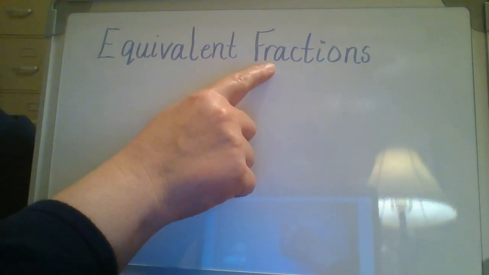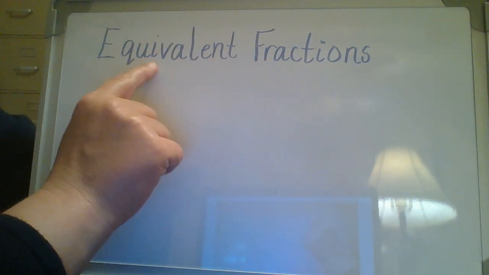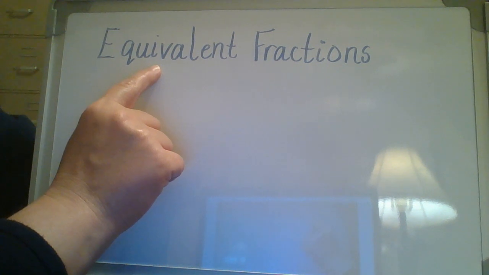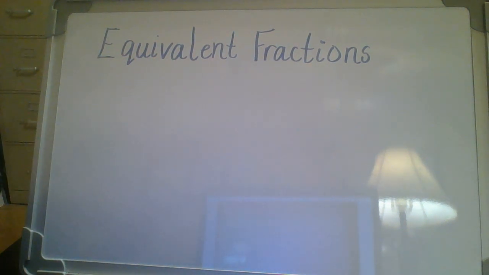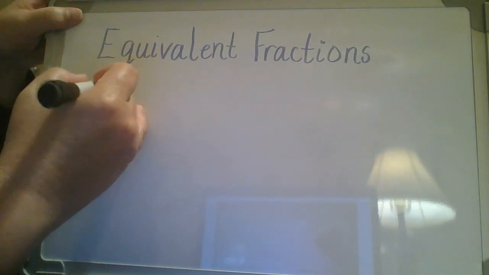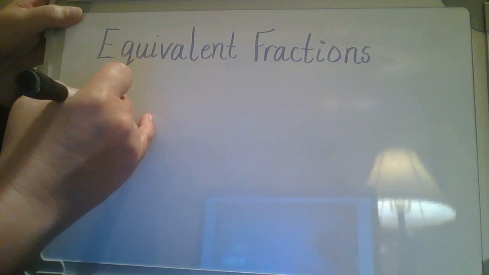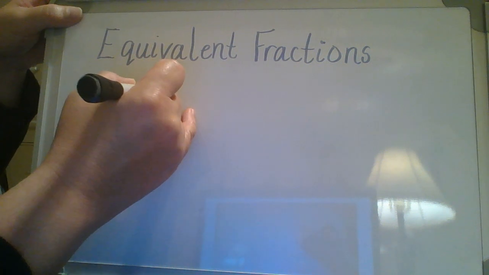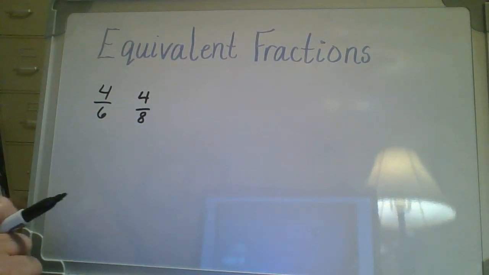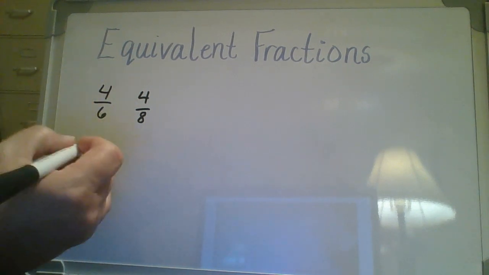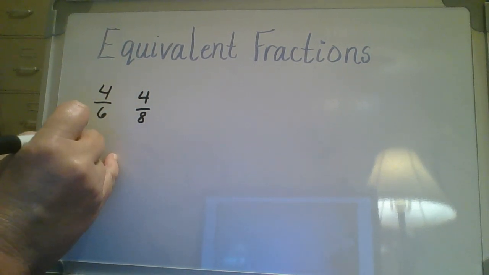Not necessarily that the numbers are the same, but the space that the fraction covers or takes up is the same. So let's look at two fractions. Okay, 4/6 and 4/8.